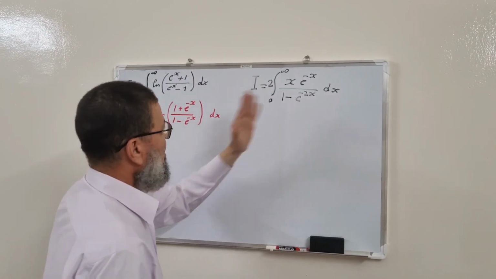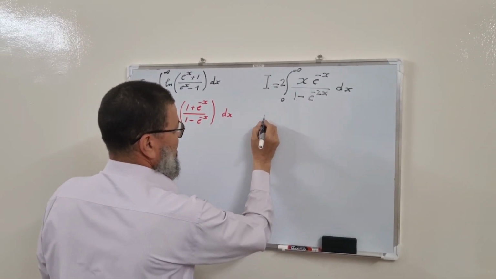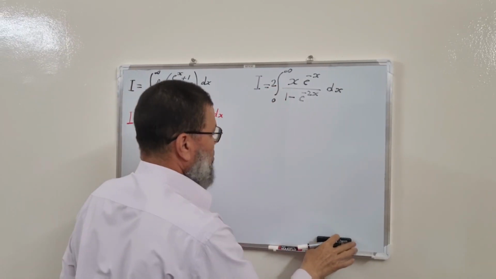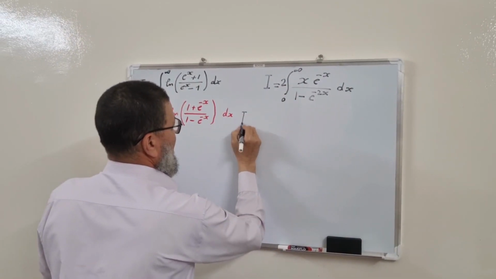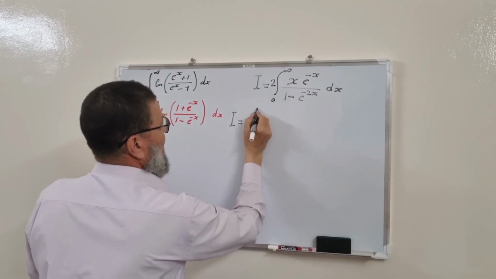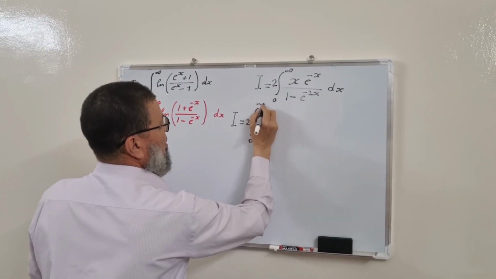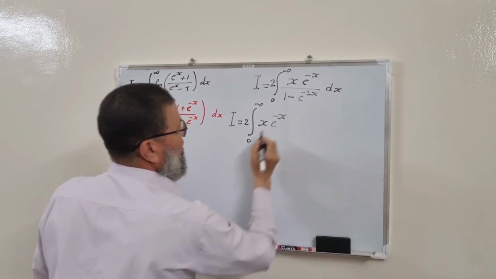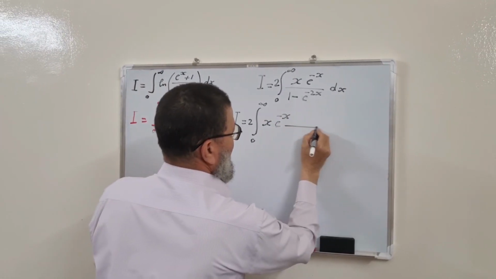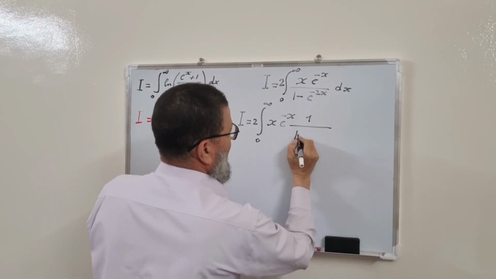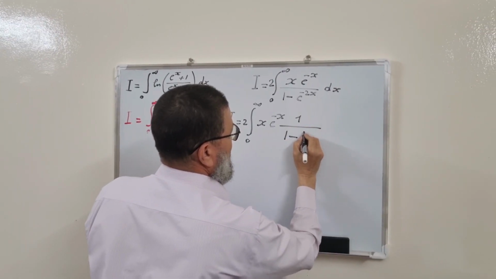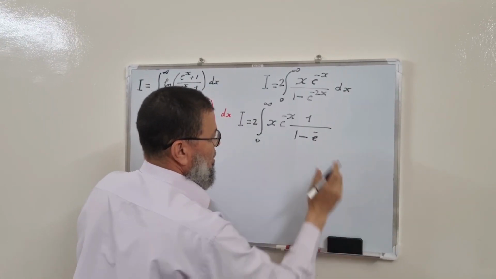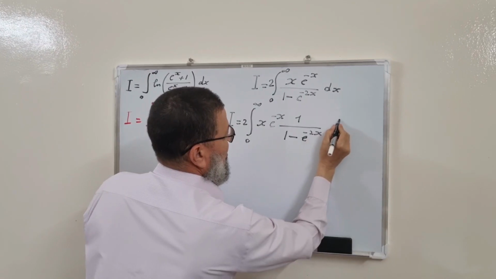This will be solved by integration by parts. First, we reduce this formula to I equal to the integration from 0 to infinity of x multiplied by e^(−x) multiplied by 1 over (1 minus e^(−2x)) dx.